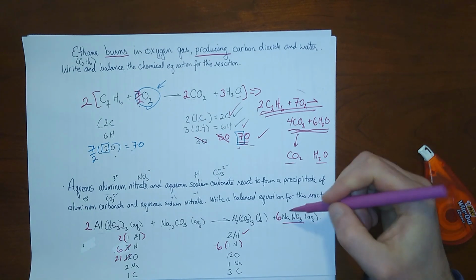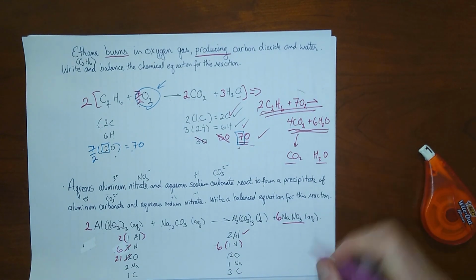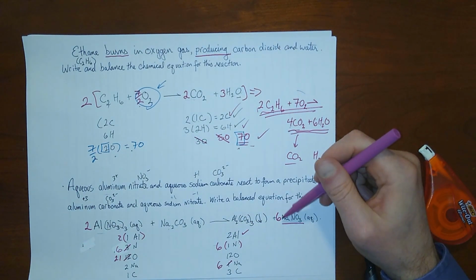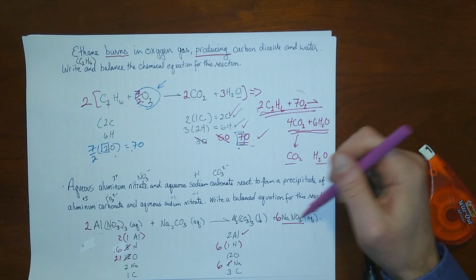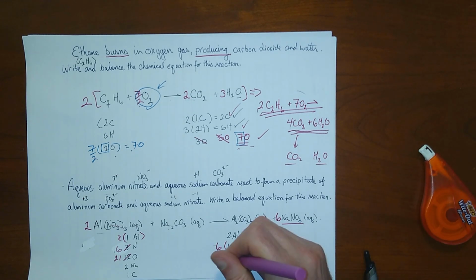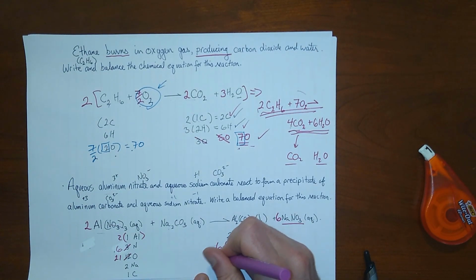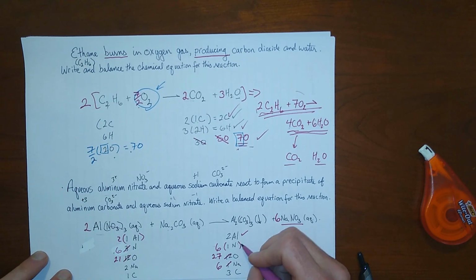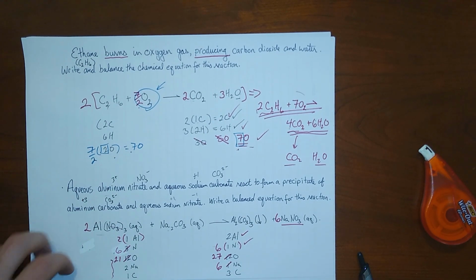And again, I have to recalculate some things. I now have 6 sodium also. And I have 6 times 3 is 18 oxygen from this, and then 9 oxygen from the aluminum carbonate. So now I have 27 oxygen over here. Okay, so I have 2, 2, 6, 6, but these are still not balanced.